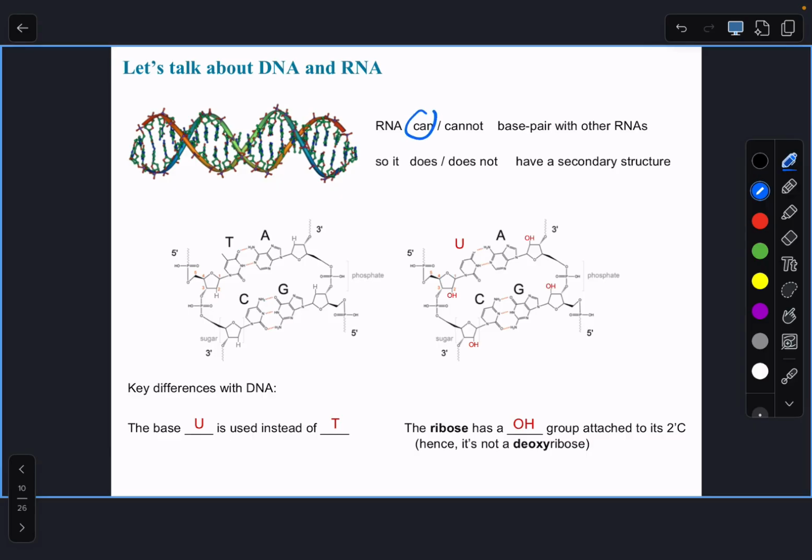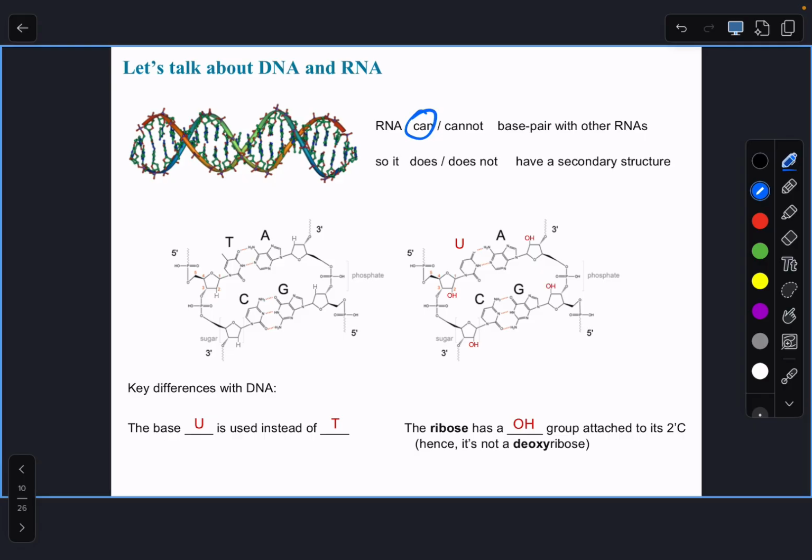Now, am I saying that RNA exists as a double-stranded molecule like DNA does? No, I'm not. So does it or does it not have a secondary structure? That's what we'll discuss in a second. What happens is that this interaction of RNA molecules with other RNA molecules or themselves happens not throughout the entirety of the length of an RNA strand, but certain key stretches, right?